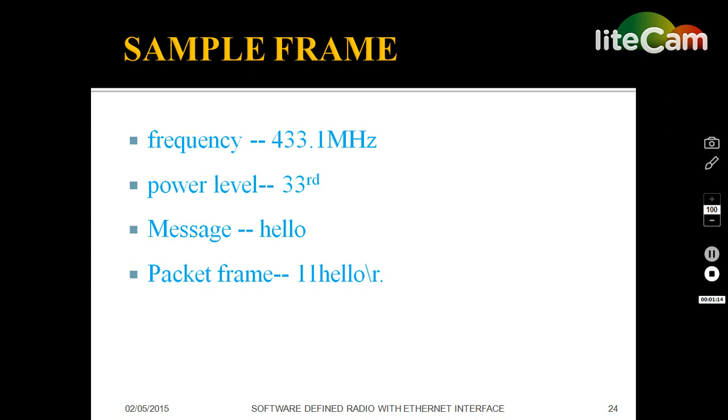If you are selecting 433.5, then the number will be 3. For power level also, we have selected 3, 33, 63 levels. If you are selecting the third level, then the value will be 0, and for the 33rd level we are taking that as the first value, and then the message, and then the carriage return.